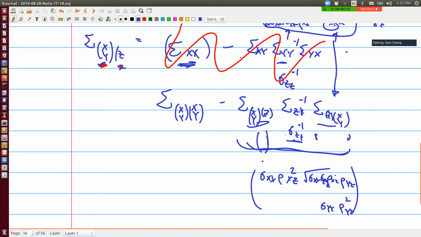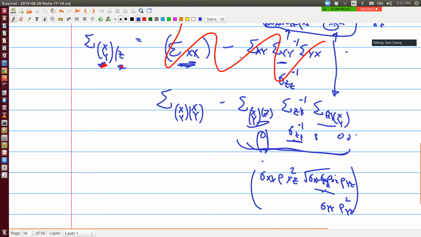When this is a 2 by 2, and we multiply, this is 2 by 1, this is 1 by 2. When we multiply these two together, it's like 2 by 2, right? Yes, 2 by 2. And then each term is just this one multiplied by this one, right? And for this term here, just this one multiplied by this one, right? Yes, exactly right.